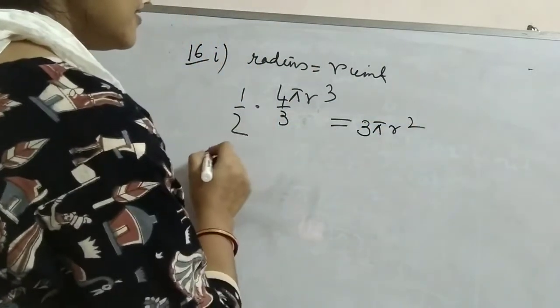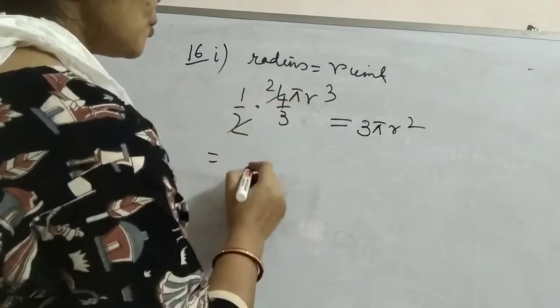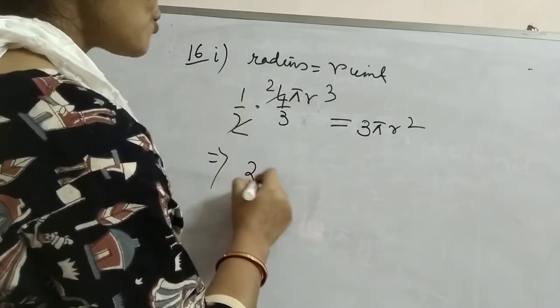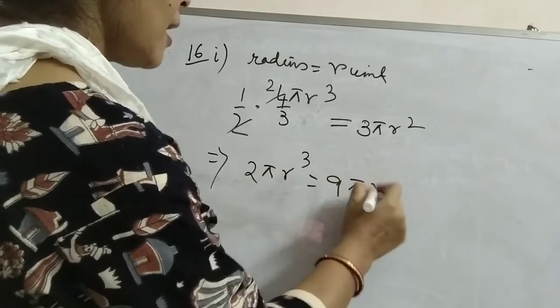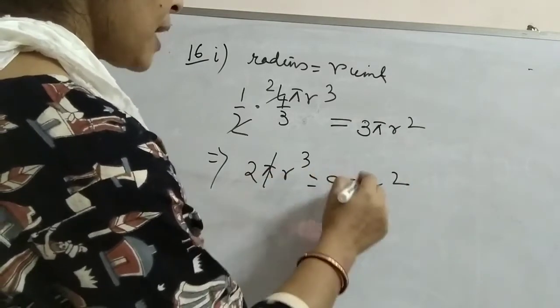Okay, 2 pi r cube by 3 equal to 3 pi r square. Pi cancels out.